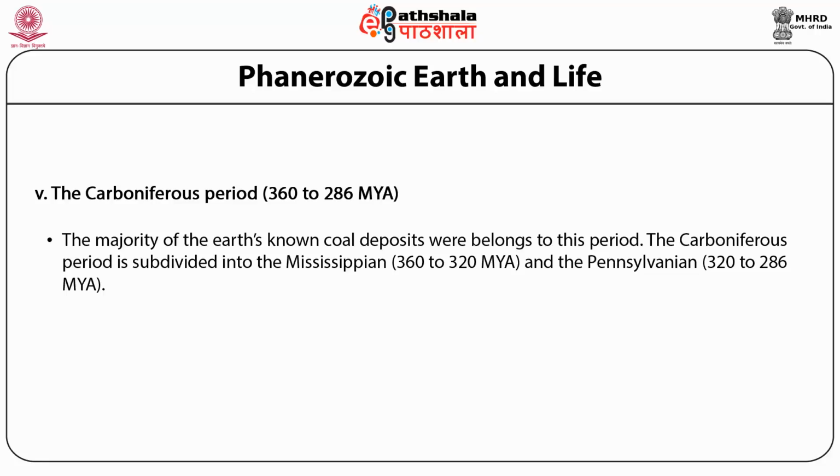The Carboniferous period is subdivided into the Mississippian period, dated about 360 to 320 million years ago, early Carboniferous and characterized by mostly limestone layers, and Pennsylvanian, dated about 320 to 286 million years ago, called late Carboniferous and characterized by coal-bearing layers. The temperature during the Carboniferous was mild and uniform.